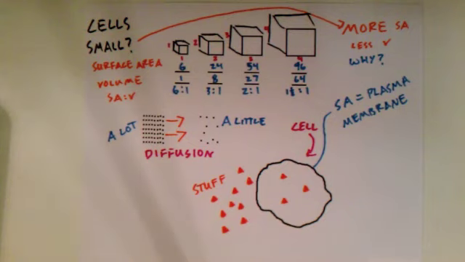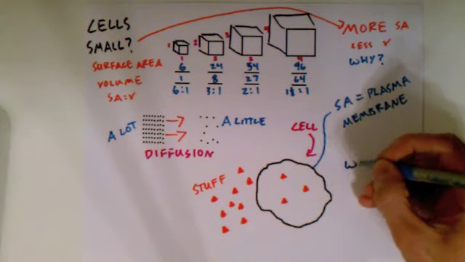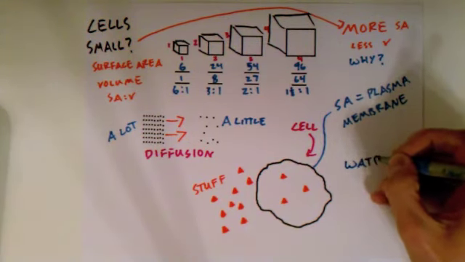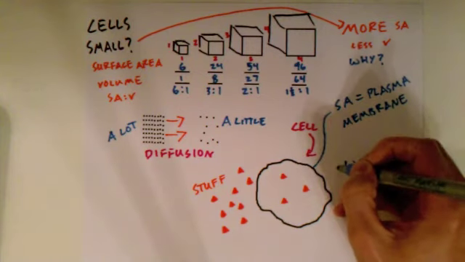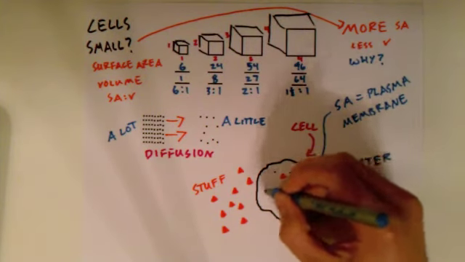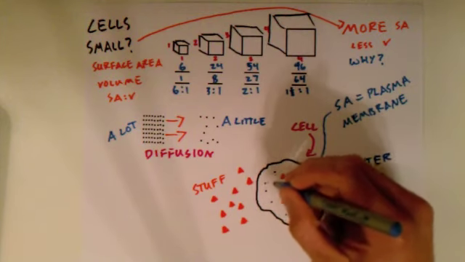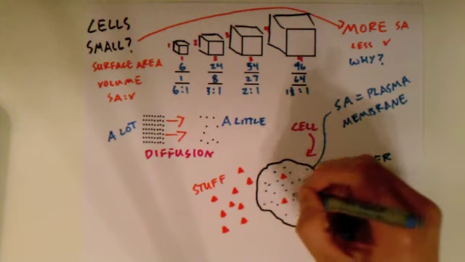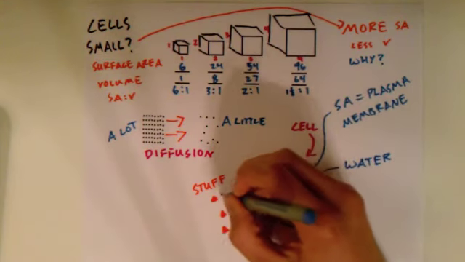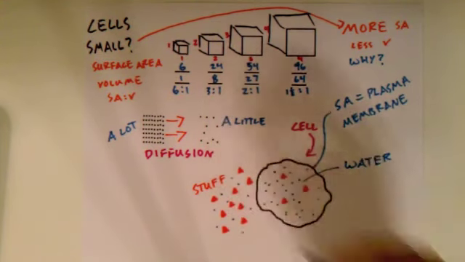So let's say in and around the cell we also have water. Cells survive in an aqueous environment, so we've got to have water in there too. So let's put a lot of water in the cell, a little bit outside.